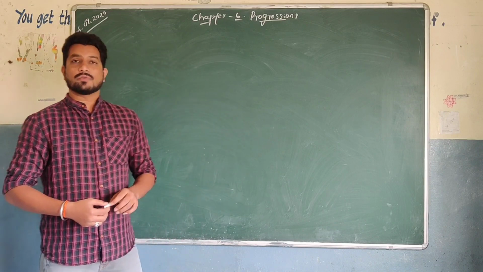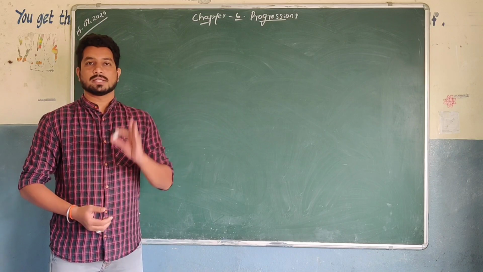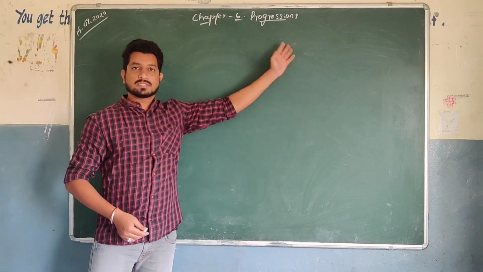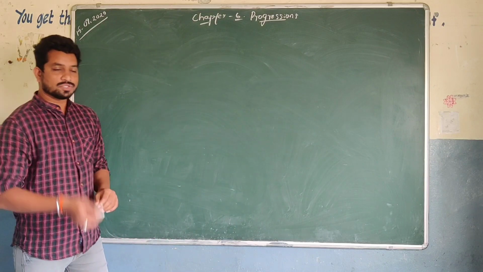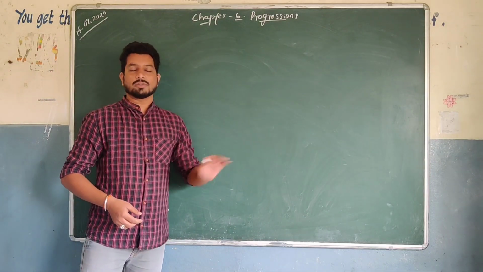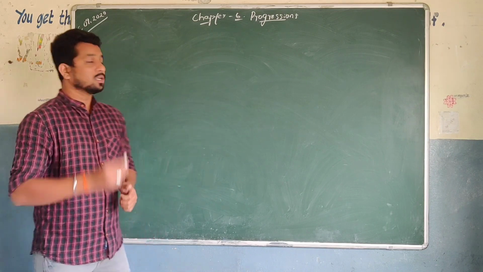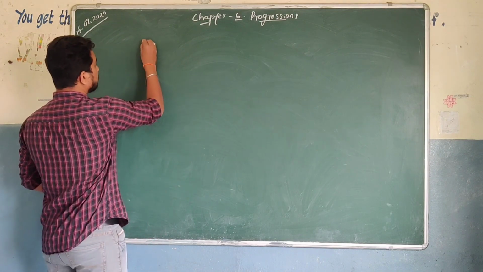Okay. So without wasting time, let us move on to our maths chapter number 6. Chapter is progressions. So first of all, before getting into this topic, what is progressions? You should know that.